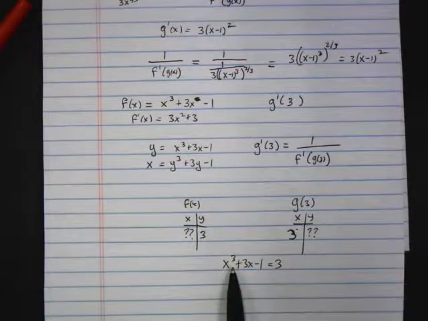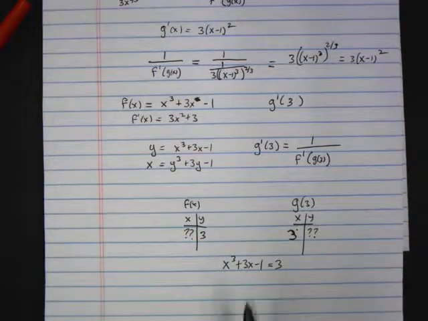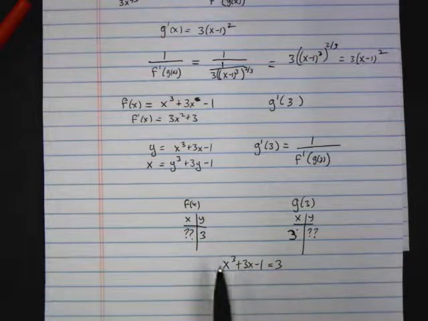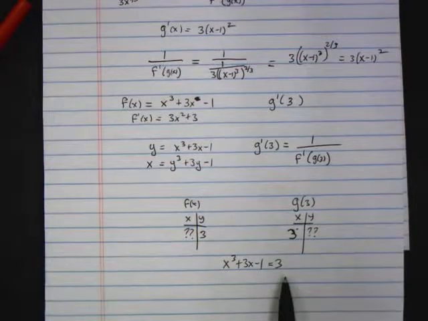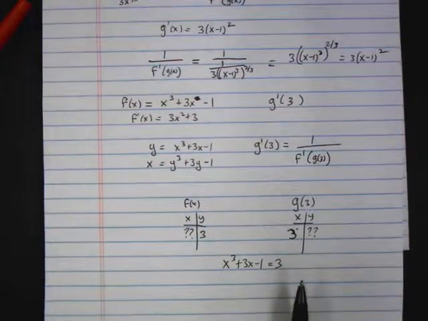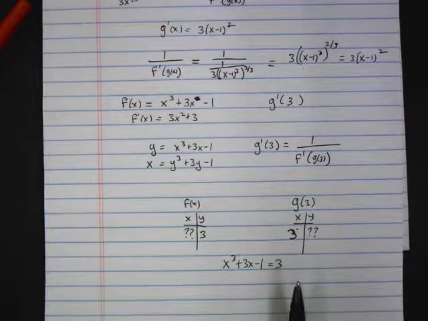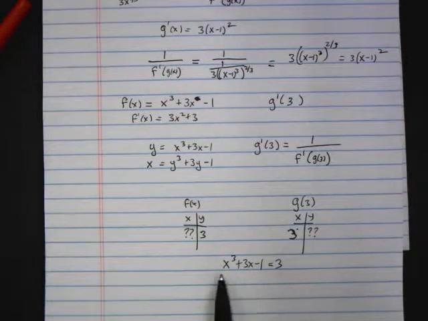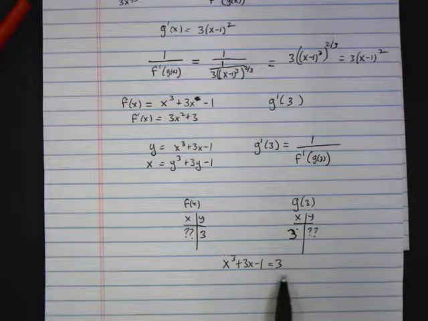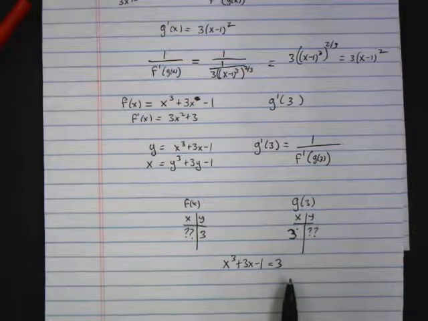That's probably the worst way. Number 2, guess. Pick some numbers for x and hope you come up with the right answer. And number 3, use your calculator. Type this side in as y1, type that side in as y2, and find where they cross.